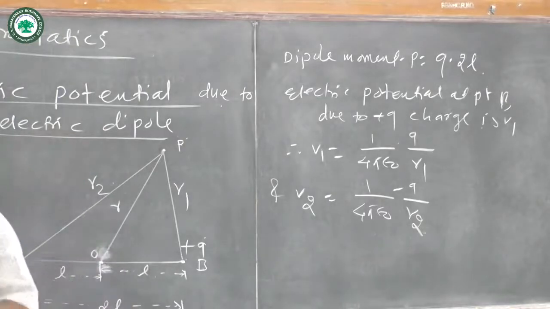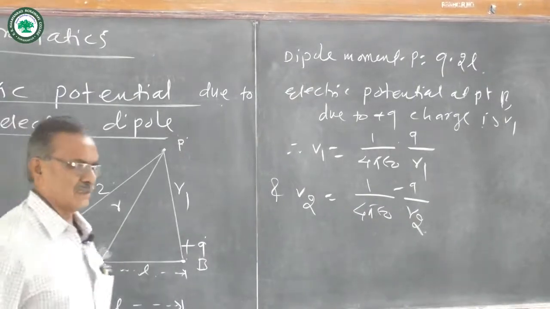These are the electric potentials at point P: V1 due to the plus q charge and V2 due to the minus q charge.